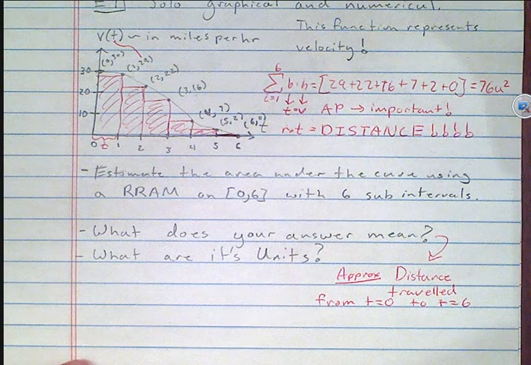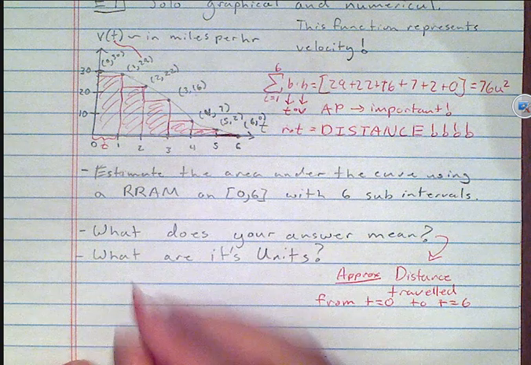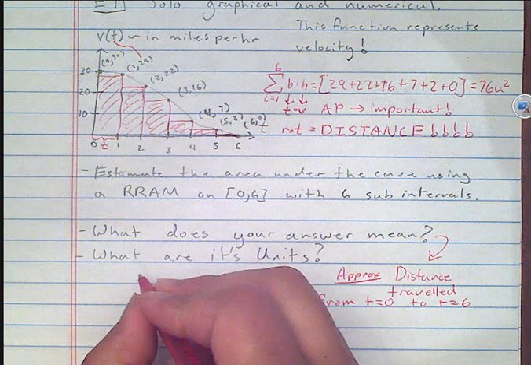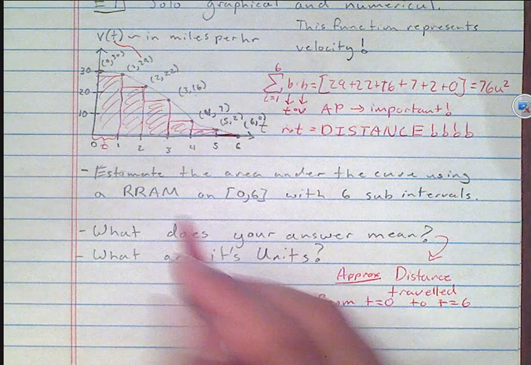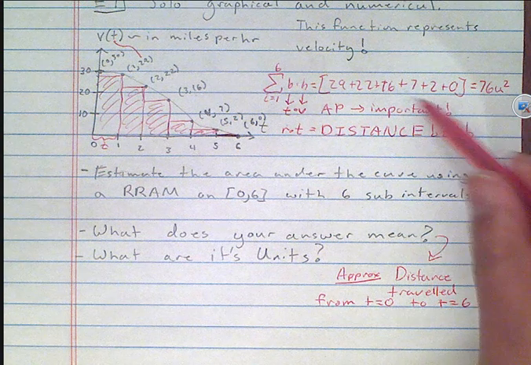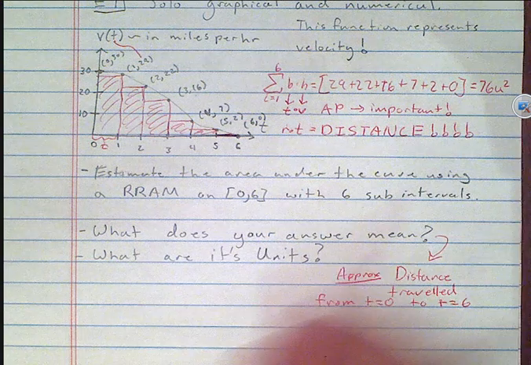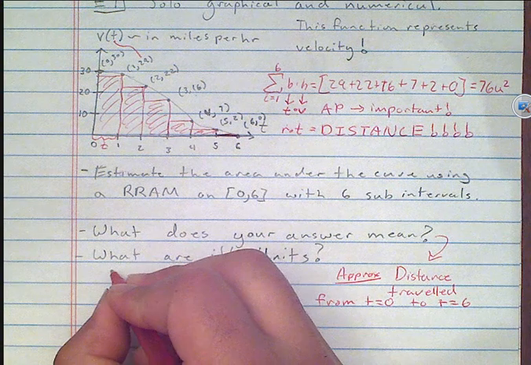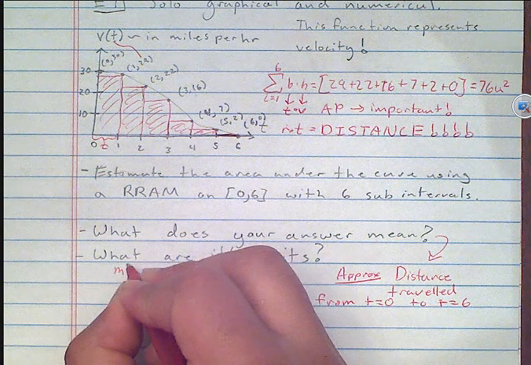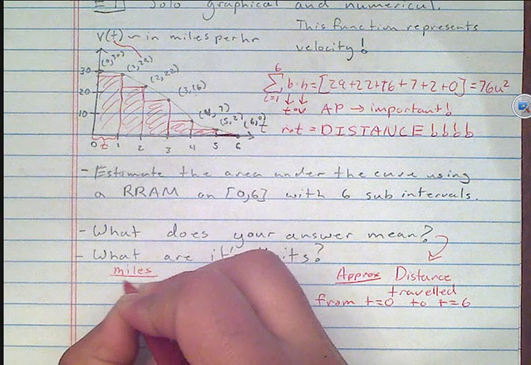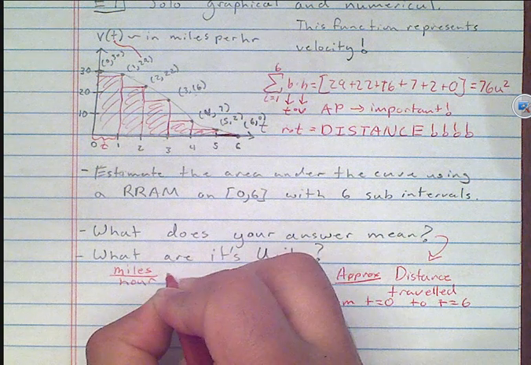And what are its units? We found the area under the curve, and they were each base times height, so it was time times velocity. So it was miles per hour times hours.